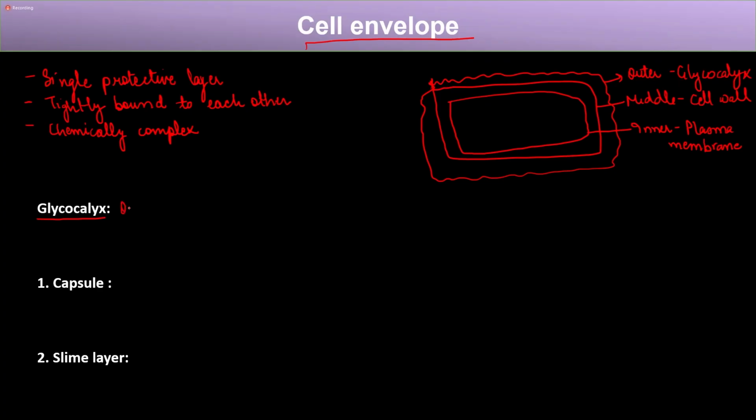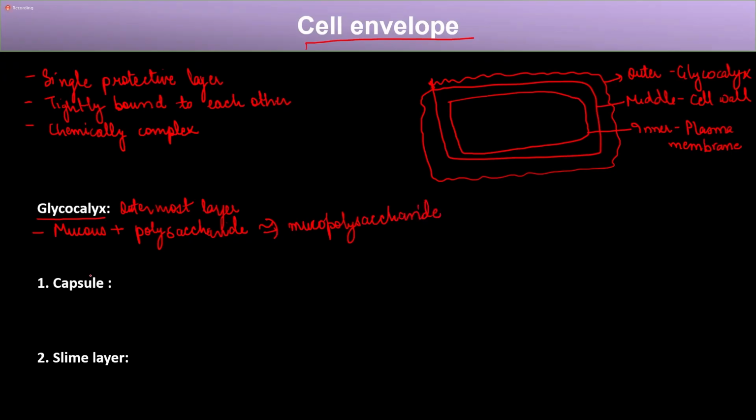Secondly, it is made up of mucus plus polysaccharide, and hence it is also known as mucopolysaccharide.